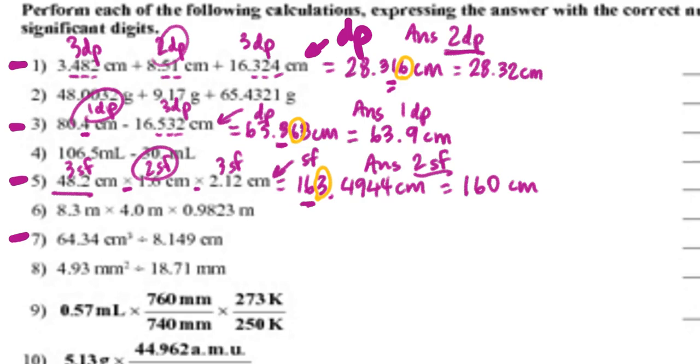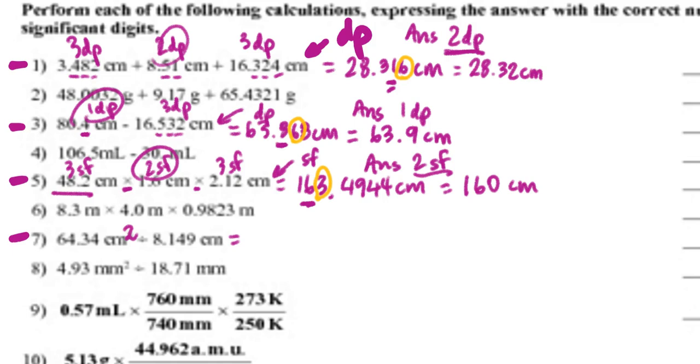I have 64.34 centimeters squared, okay, divided by 8.149 centimeters. So again, division has the same set of rules as multiplication when it comes to significant figures.